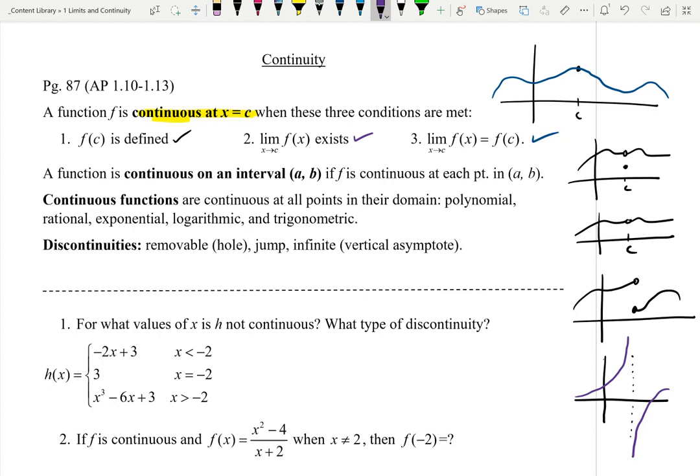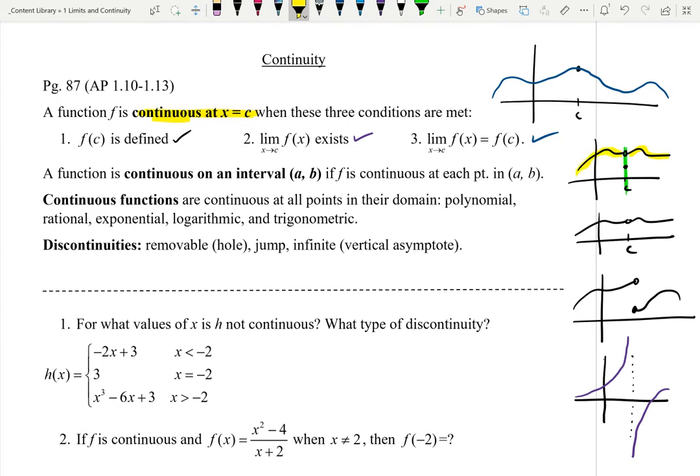All right. Just a point of clarification here. I'm going to go up to my first graph that's in black right here. This function has a discontinuity right here at c. It is actually continuous everywhere else. So we have continuity at all of these x values.